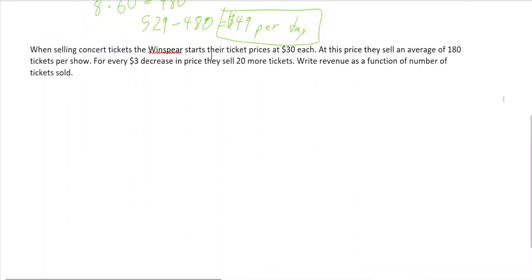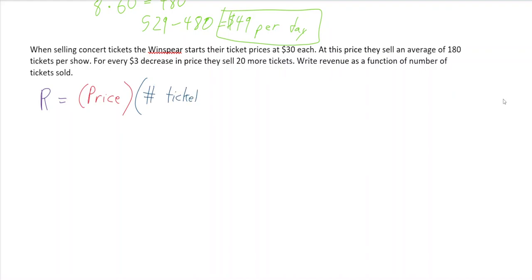Okay, so given all of that, we're looking for the revenue, which is another way of saying profit. Okay, and we are going to be looking for the price per ticket times the number of tickets, right? So normally this would be R equals, and we would go price, which is $30 minus $3 times every increase, right?